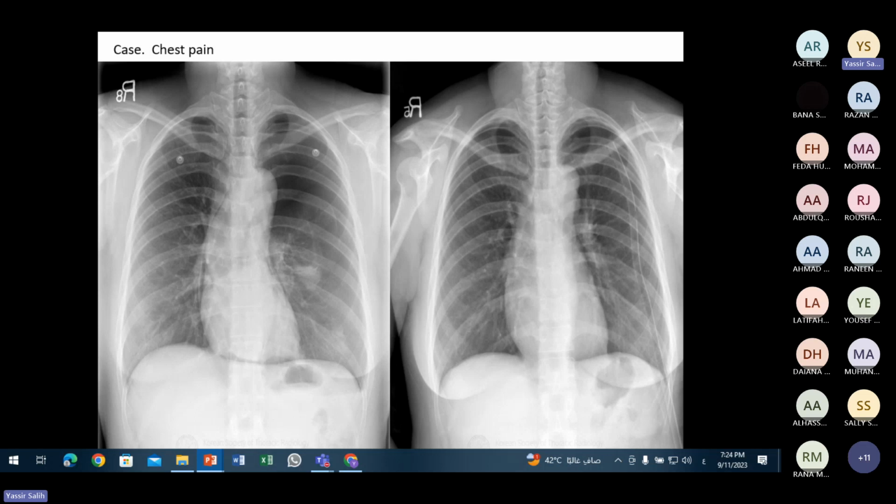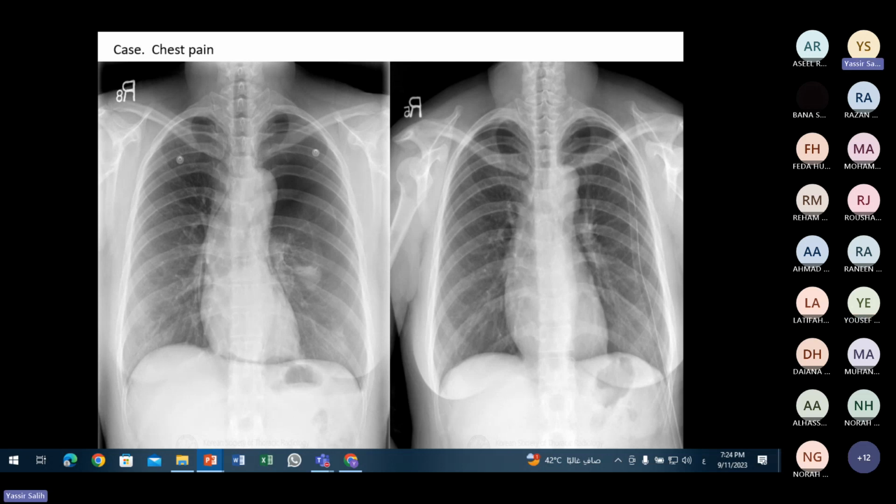What is the normal appearance of the diaphragm? We said in lecture 1, there are two hemidiaphragms. The right is higher than the left side. Yes. The diaphragm should be seen. Should the entire diaphragm be seen or not?